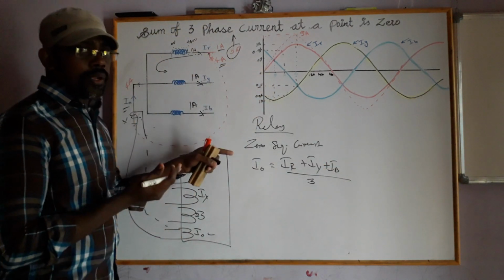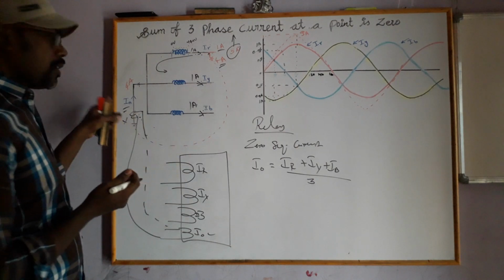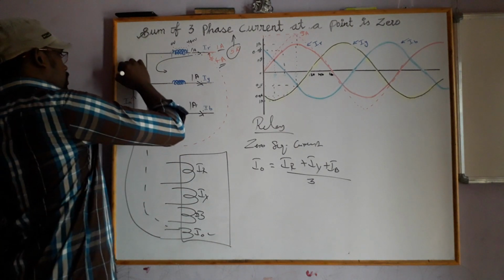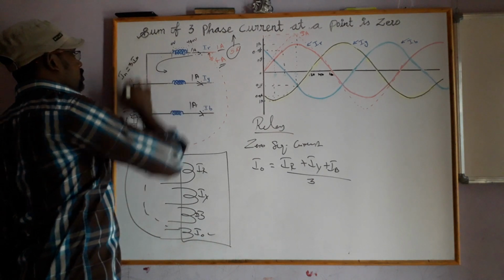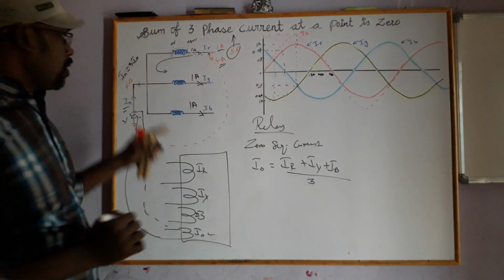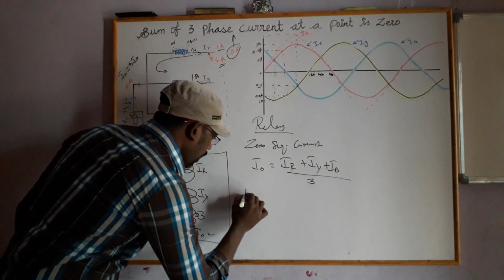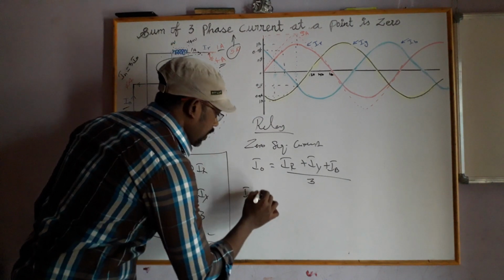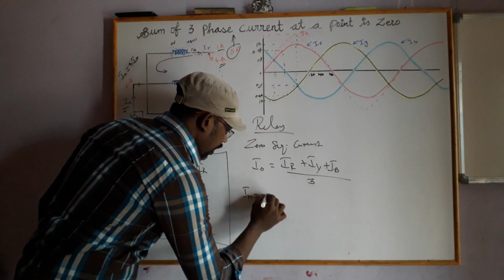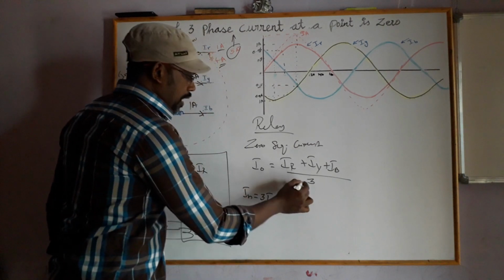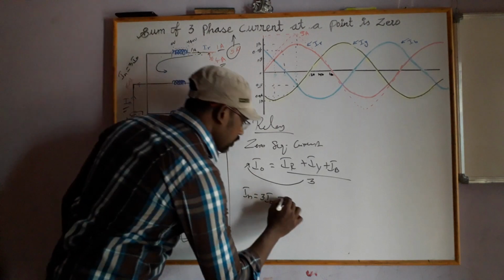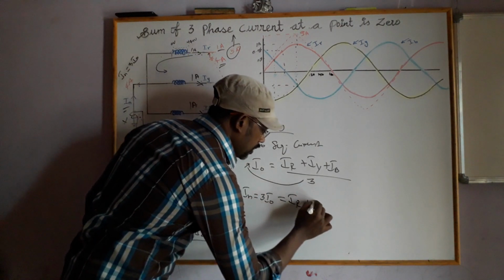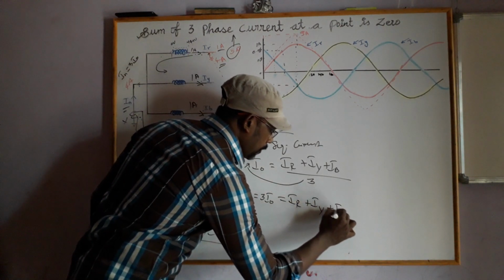If you see the link between the zero sequence and the neutral current, IN is equal to 3 times the zero sequence, that is 3 I naught. If you want IN, then IN is nothing but 3 I naught. To get 3 I naught, the 3 we have to take over here. You just want to add IR plus IY plus IB.